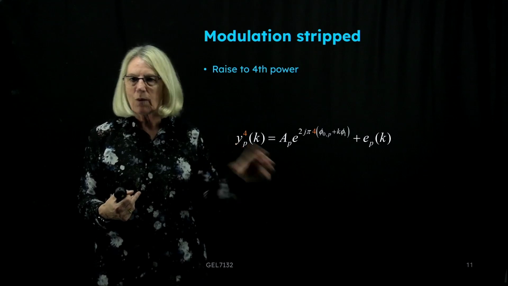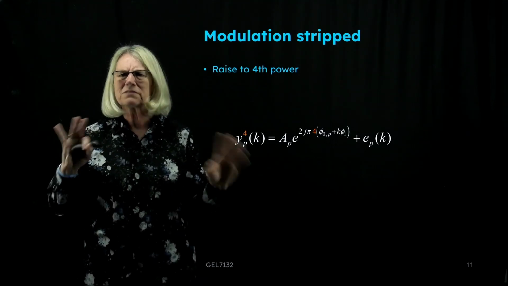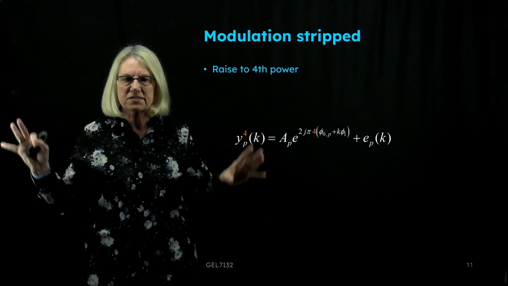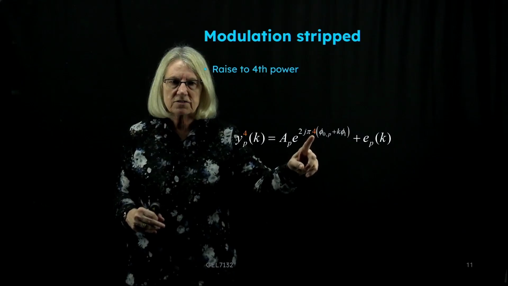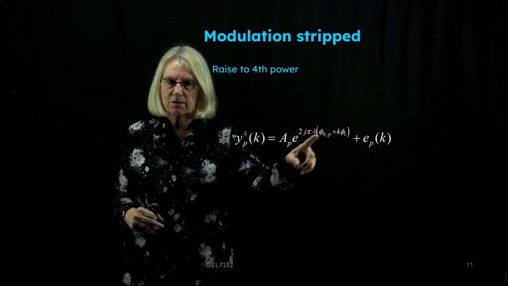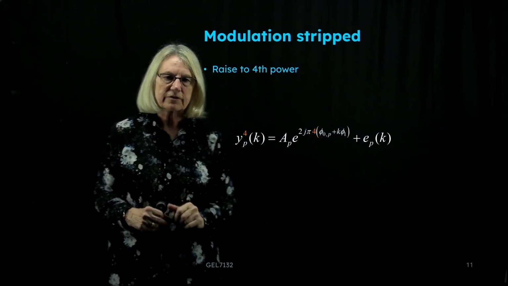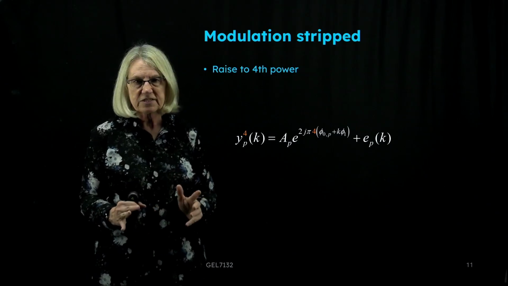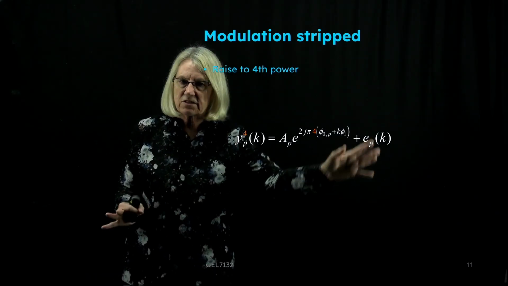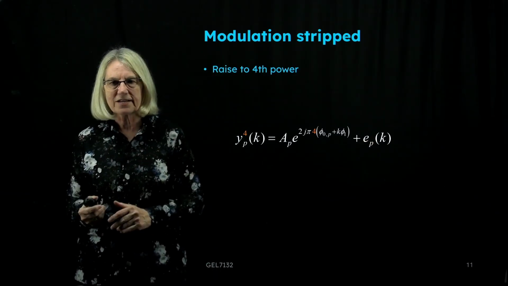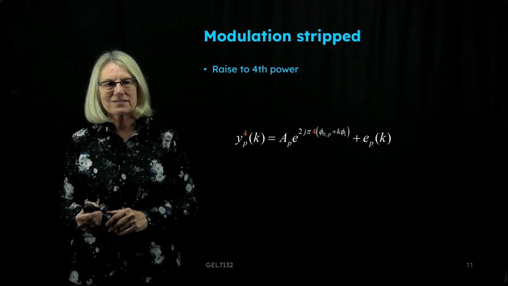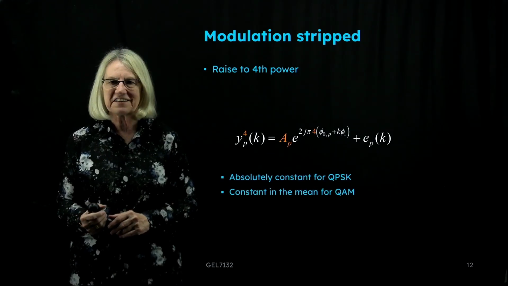Maybe if it's QAM, the mean is constant, but suppose it's BPSK, QPSK, it's constant. And of course I also have the 4th power, which is here multiplying my frequency offset. The noise has been raised to the 4th power. Something's going on, it's no longer Gaussian, but it's sort of Gaussian.